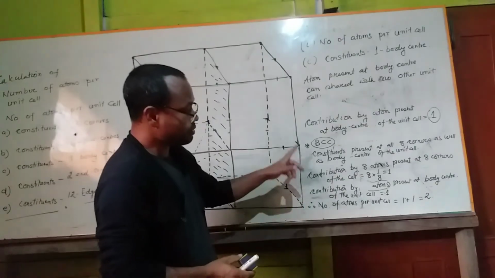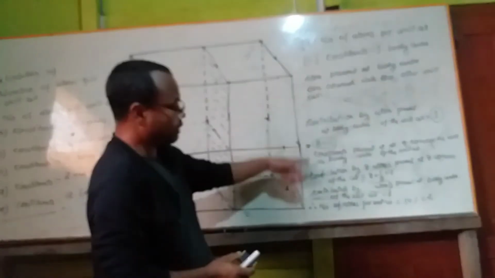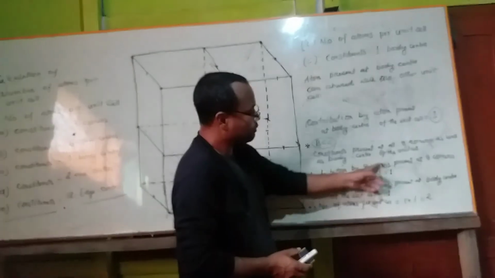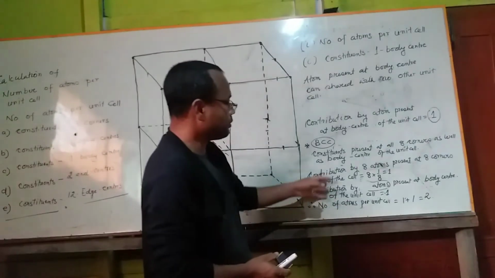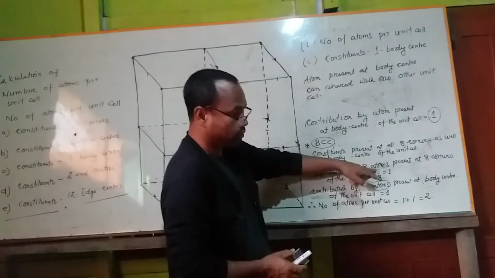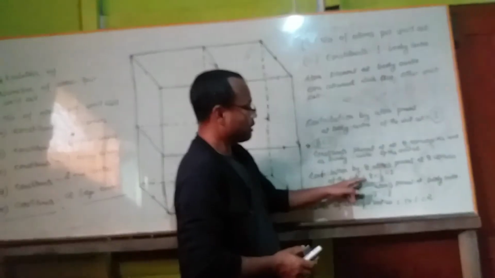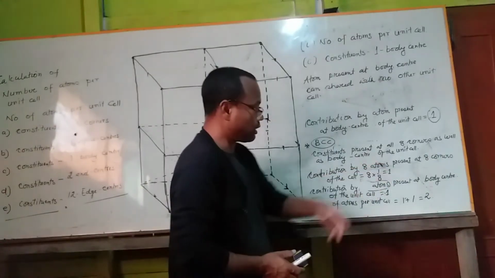We do the calculation here. See this part, I think we already learned from the beginning. Contribution by the 8 atoms present at the 8 corners of the unit cell: that is 8 atoms at the corners. Each atom present at a corner is shared with 8 unit cells, that is 8 into 1 by 8 is equal to 1.